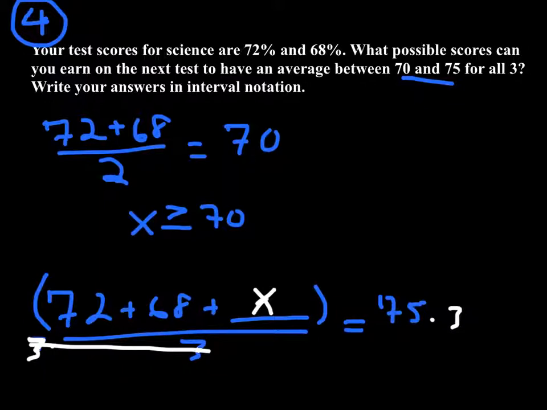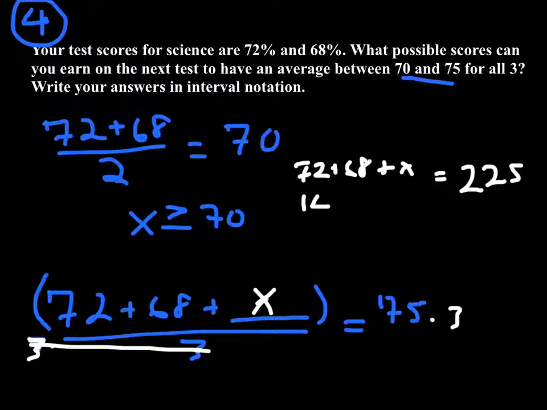75 times 3, let's see, that's 225. So let me write this up here. 225. That's going to equal 72 plus 68 plus x. 72 plus 68 is 140 plus x equals 225.